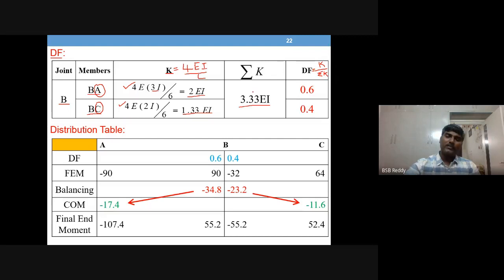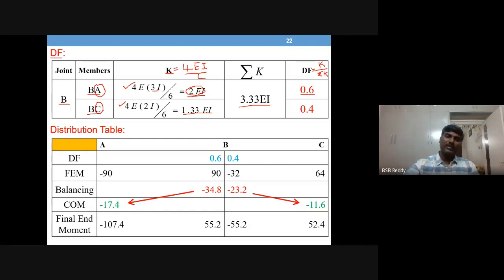So what is this now? K by sigma K. What is K of BA? 2EI. So this is 2EI divided by 3.33 EI, which is 0.6. Anything with more than 2 decimal places, you just round off.